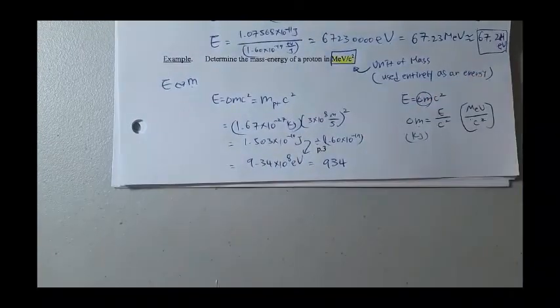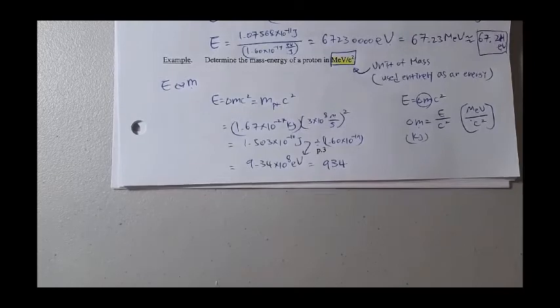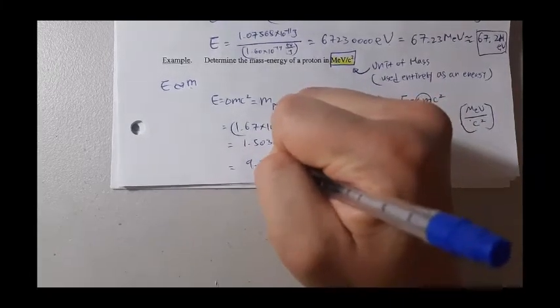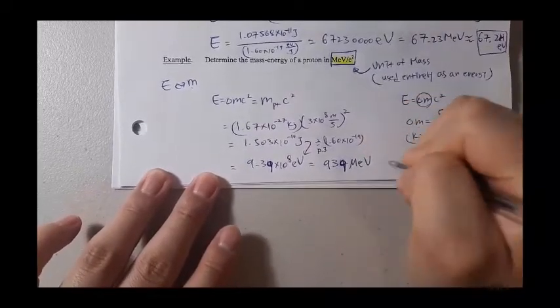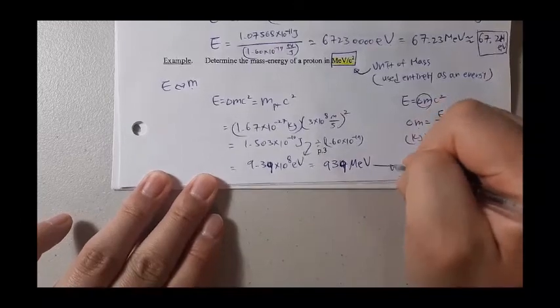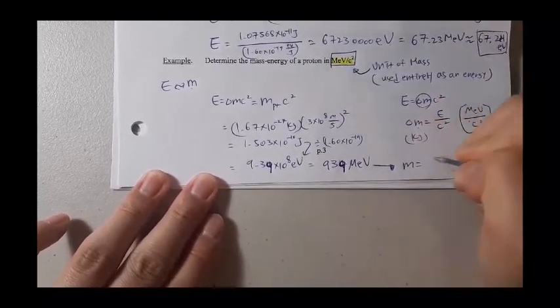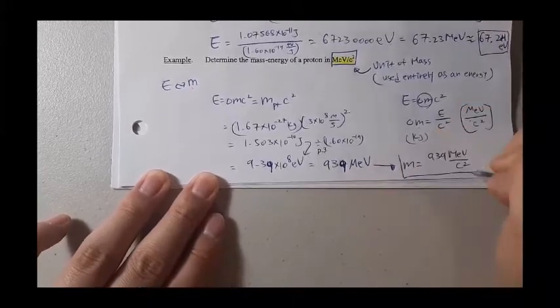Is that 4 or... Let me just punch the number in. Oh, 939. There you go. Mega electronvolt, which you can use as mass, equal to 939 MeV/c squared. Something like that.